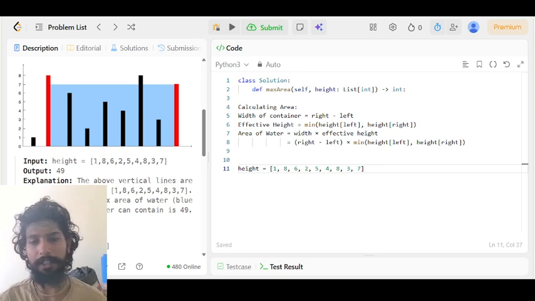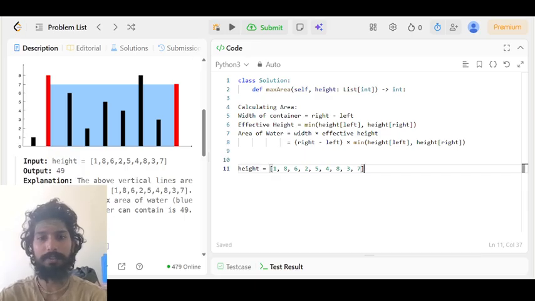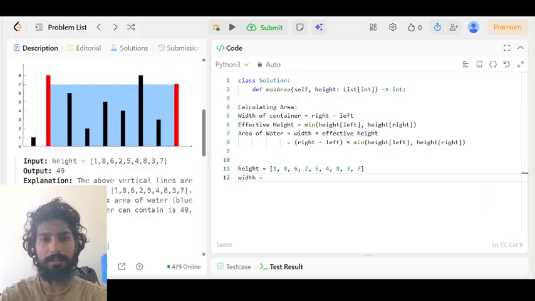The maximum container is formed using the line at index 1 whose height is 8 and the line at index 8 whose height is 7. So width equals 8 minus 1, that is equal to 7.